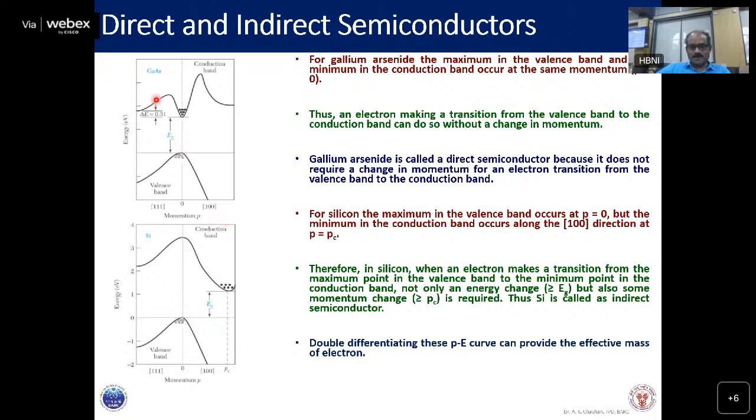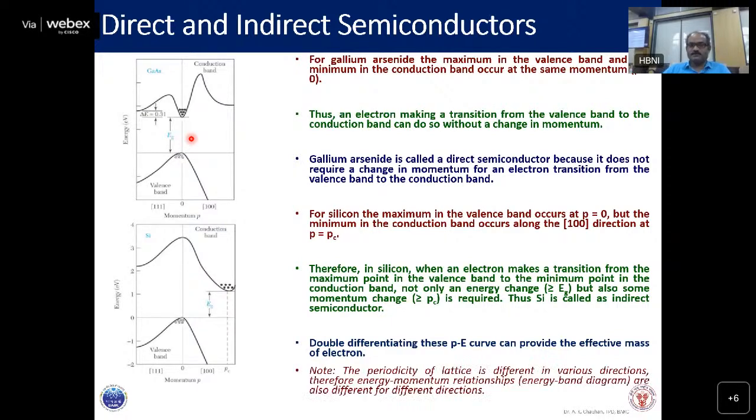However, direct transitions are very fast. That's why in lasers or light emitting applications, gallium arsenide is more commonly used, because it is a direct band gap semiconductor material.